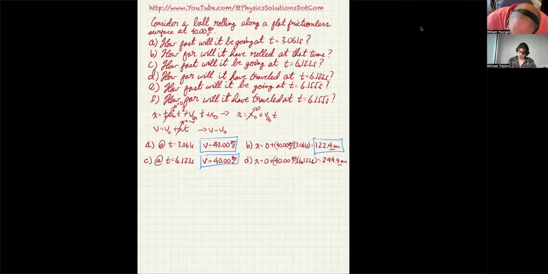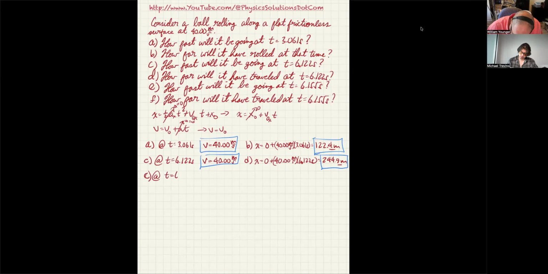And that's only good to 3 sig figs roughly. So I'm going to underline it like I did there. So that's part D. Now I'm going to do part E. Part E says, how fast will it be traveling at 6.155 seconds?